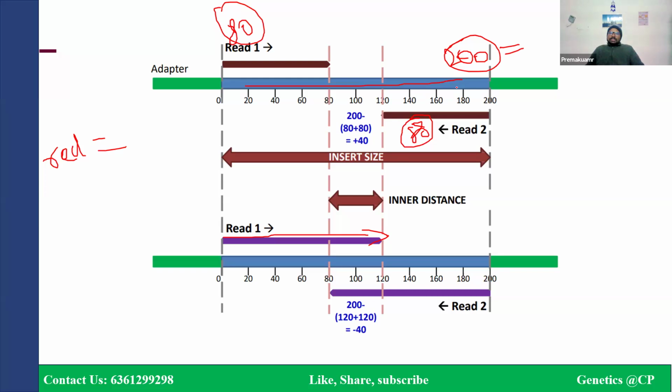Then you have to subtract: total fragment size minus total read length, 80 plus 80. Or you can take anything. Either your fragment size is 400, your read length is 150, 150 plus 150.